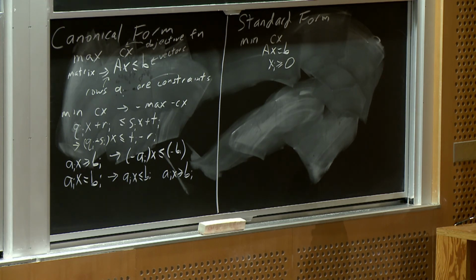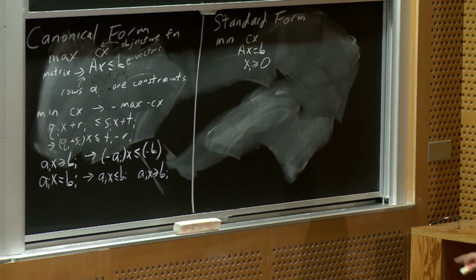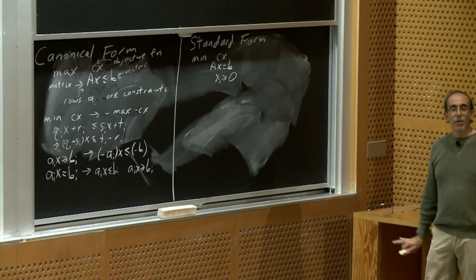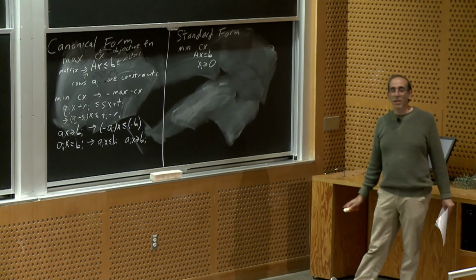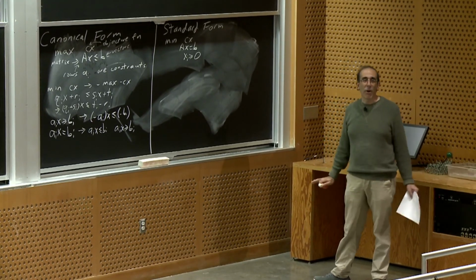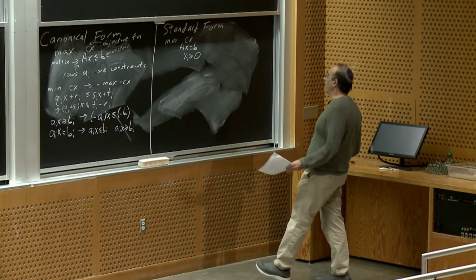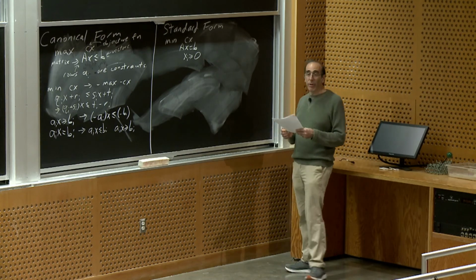Okay. And I mean, it's a little bit surprising that you can turn every linear program into this form. Like, where did all the inequalities go, right? How did we get rid of them and just have non-negative variables?